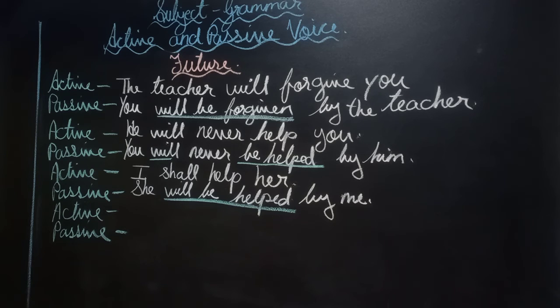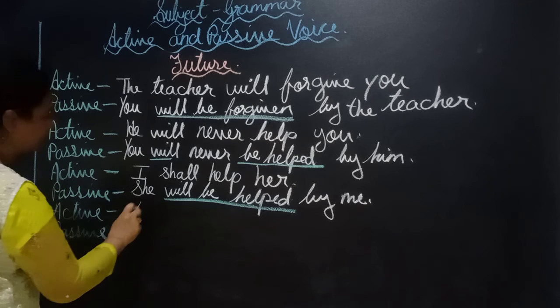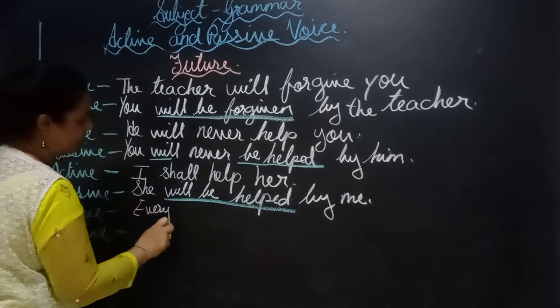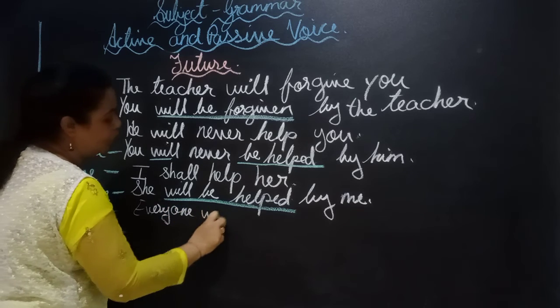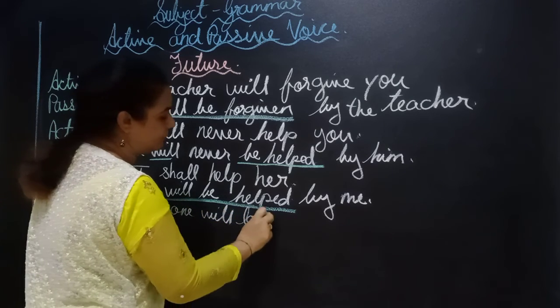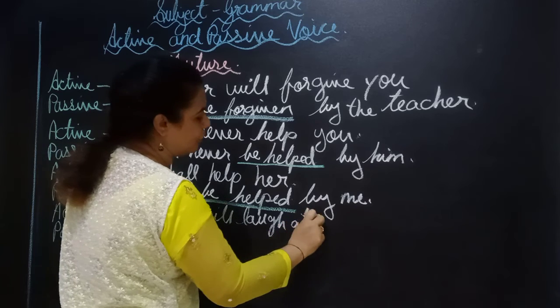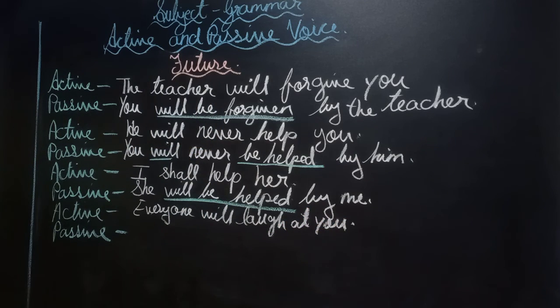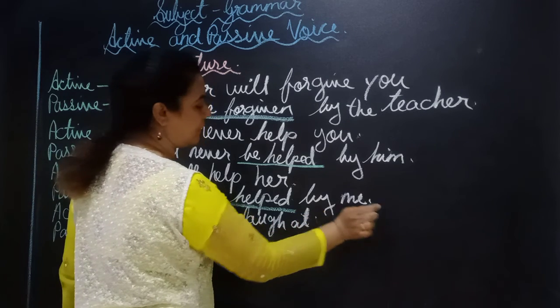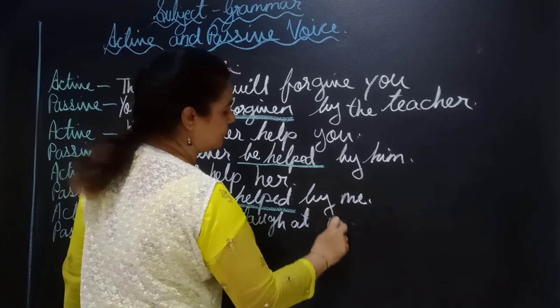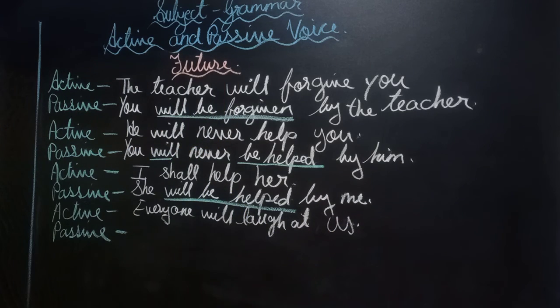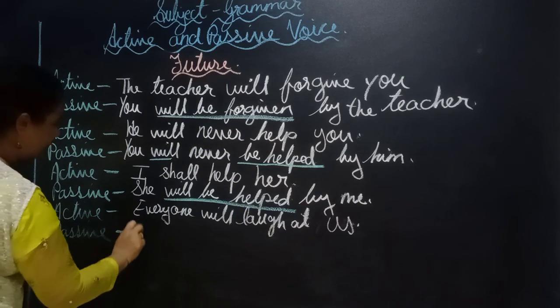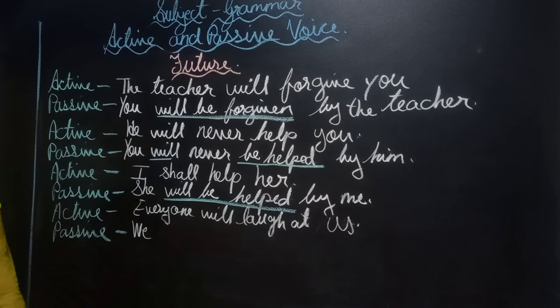Alright, now last one. Everyone will laugh at you. Sorry, it is not you, it is us. Better we write it as us. So everyone will become by everyone, and us will become we, right?